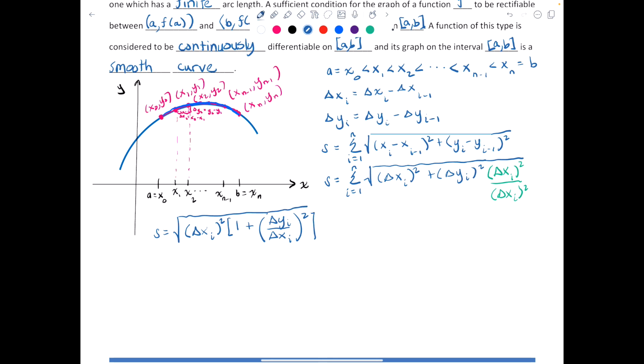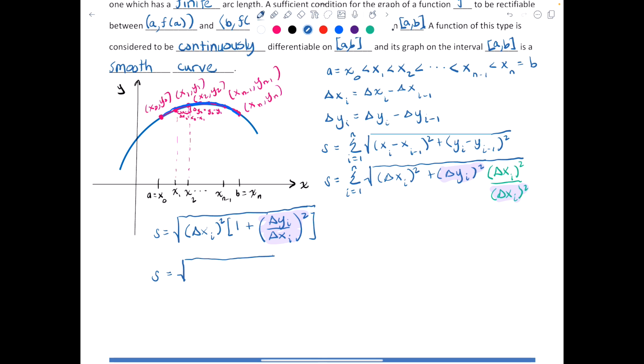So delta y_i squared over delta x_i squared is all of this, and then we are factoring out a delta x_i squared. So I have a product, right? And so when I square root delta x_i squared, I'm going to get a delta x_i.